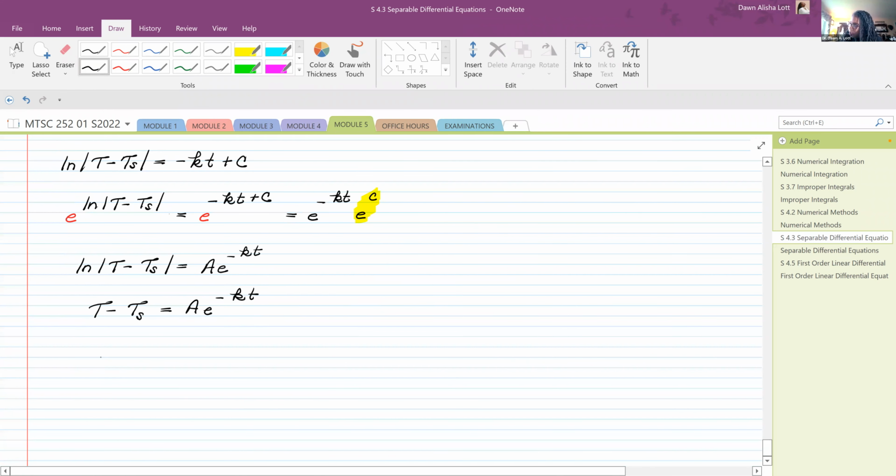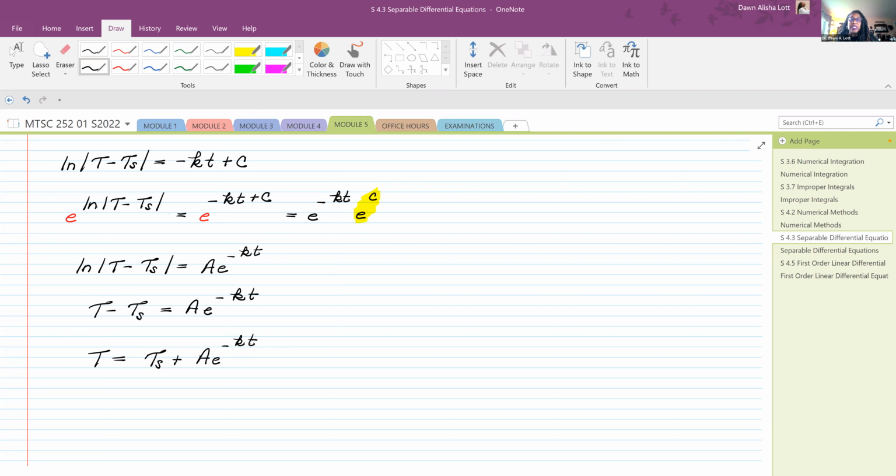And so now I know that T is equal to Ts plus A e to the negative kt. Now, are we done? That's my question. Are we finished solving for T? How do we know we're finished solving for T? Are we finished? Come on, somebody help me out.